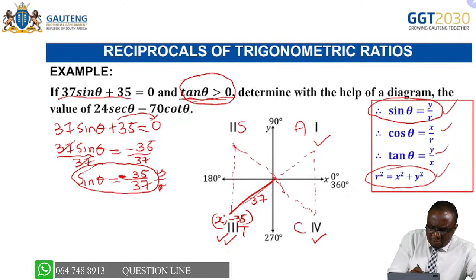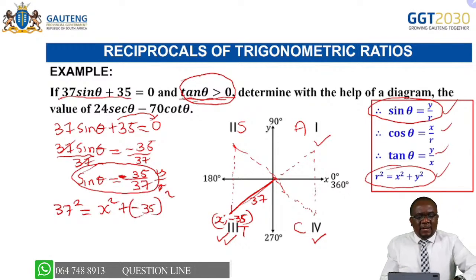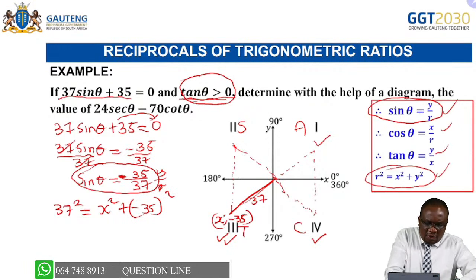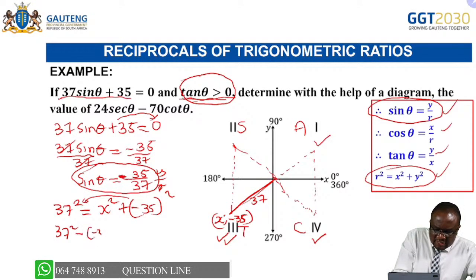Our r is 37, so 37 squared is equal to x squared, we don't know what x is, plus y, which is negative 35 squared, isn't it? Then we bring this side over: 37 squared minus negative 35 squared is equal to x squared.